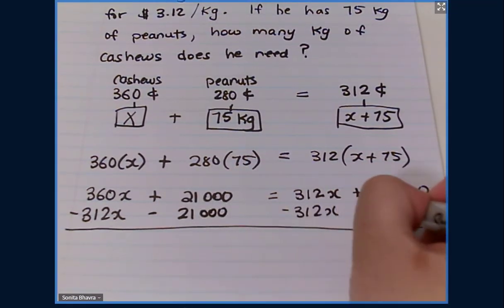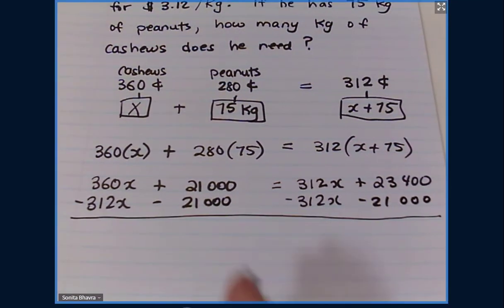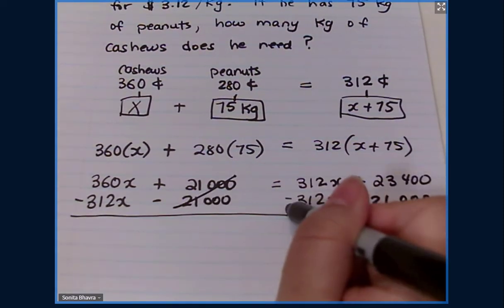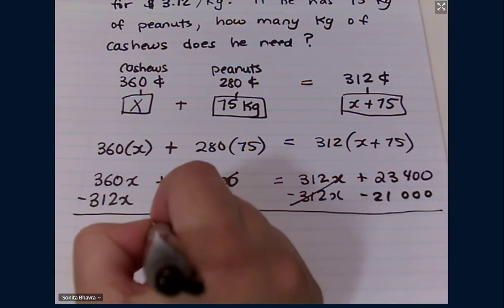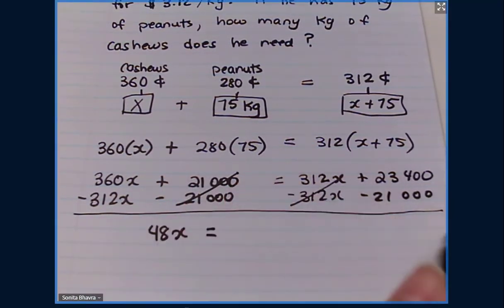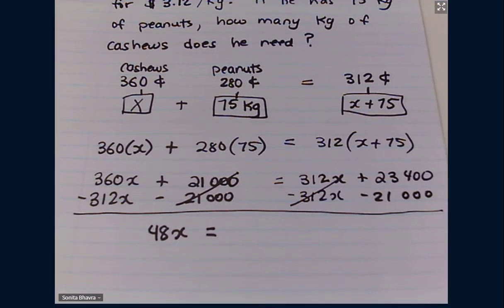So 360 minus 312 gives me 48X on the left side, and 23,400 minus 21,000 gives me 2,400.